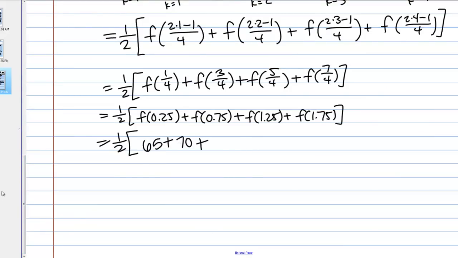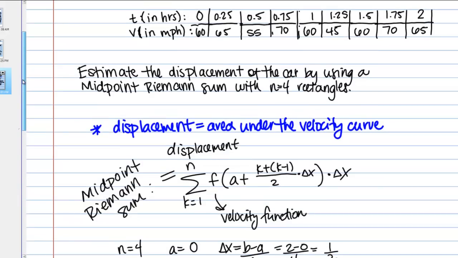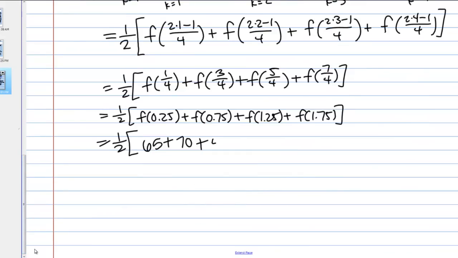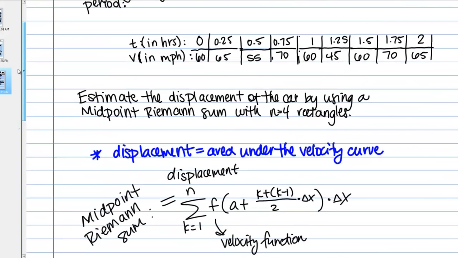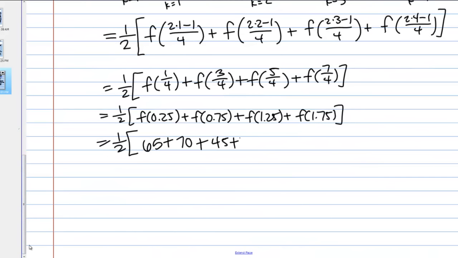Plus f of 1.25, that one is 45. Plus f of 1.75, which is 70. Okay, so if you plug that into your calculator, you should get a final value of 125. Units are miles. So the displacement is 125 miles.